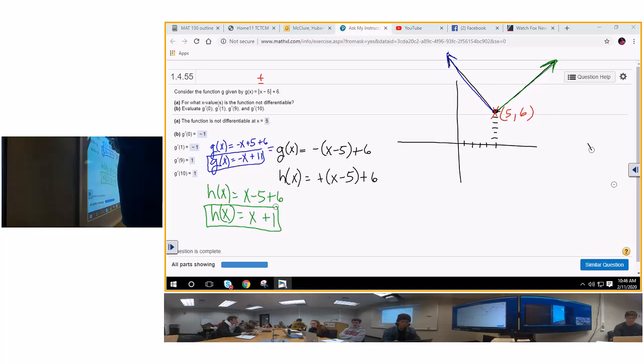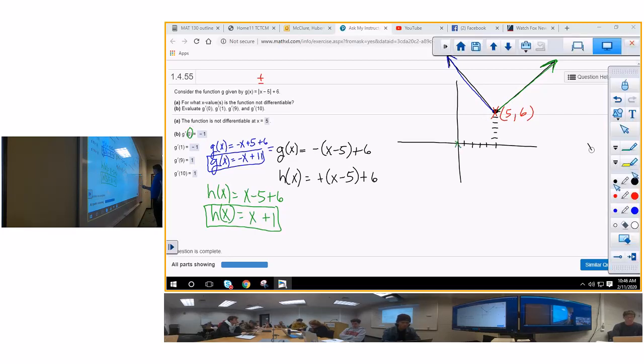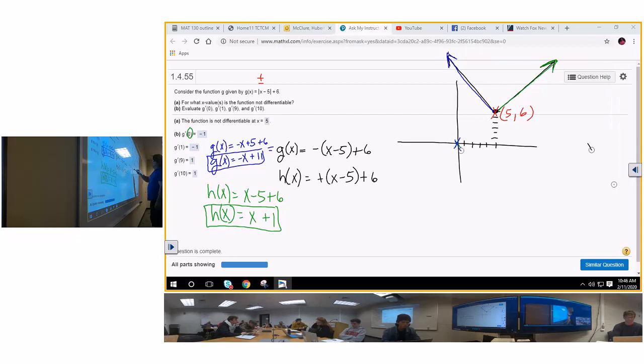Now, where is 0? Is 0 hitting the blue line or the green line? x is equal to 0 is right here, so it's hitting the blue line. Thank you, all four classes, for communicating.